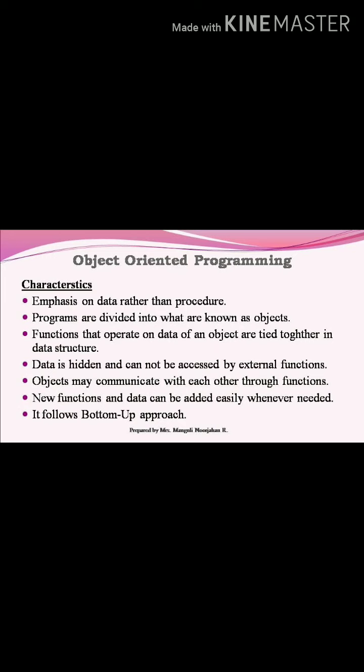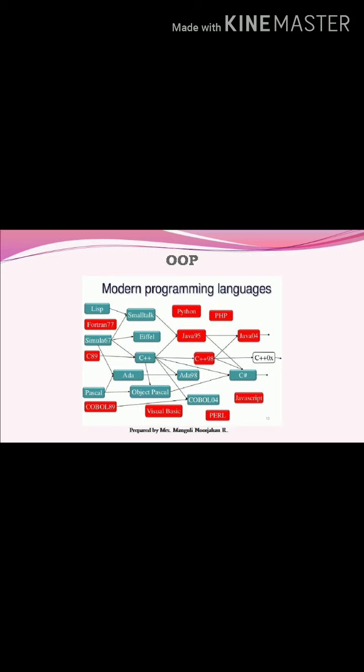Objects may communicate with each other through functions. New data and functions can be easily added whenever necessary. It follows bottom-up approach in the program design. These are all examples of object oriented programming languages, which are also called modern programming languages.